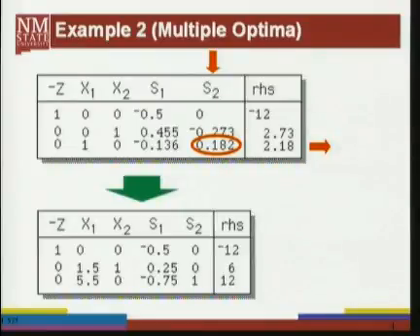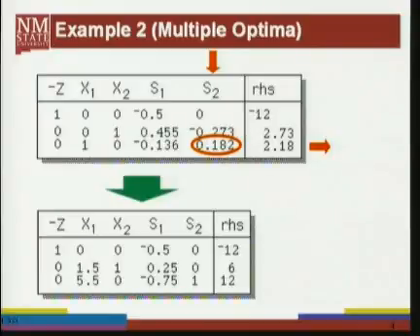So in this case, we may conclude that the current LP has alternate optimum. Because non-basic variable S2 has a zero value of relative profit, which means increasing the value of S2 from 0 will not affect the objective function value, right?